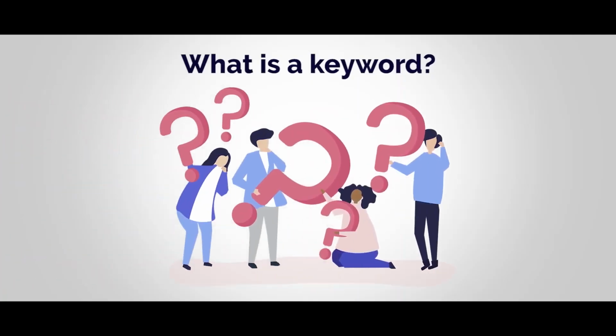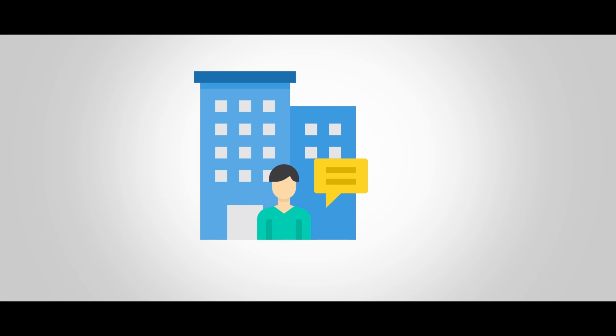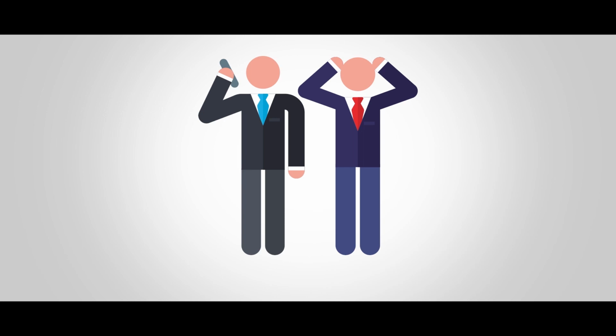What is a keyword? Suppose you are looking for some information and you want to know more about a specific product, organization, person, brand, or you have any specific problem and you want a solution for it. From where will you get this information?